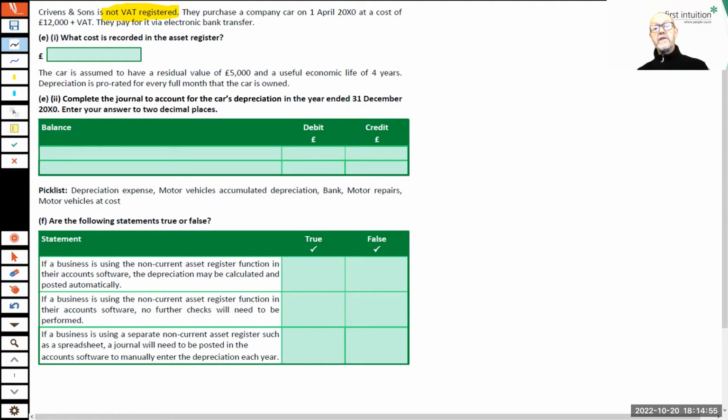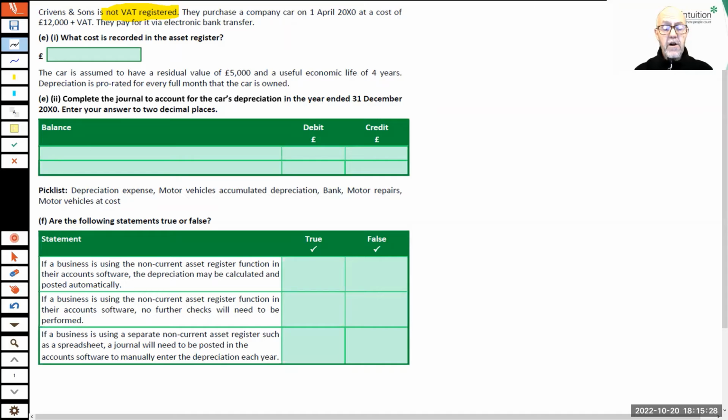Now this makes a difference, because any asset that we buy, our supplier is going to expect us to hand over a lump of VAT as well as the cost of the asset. If we are VAT registered, we can usually claim back the VAT, and therefore we only need to record the net value of the asset as our cost, because we're not paying that VAT. We'll hand it over with one hand and claim it back from HMRC with the other.